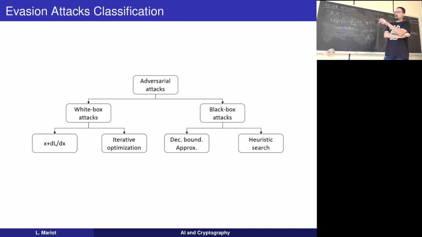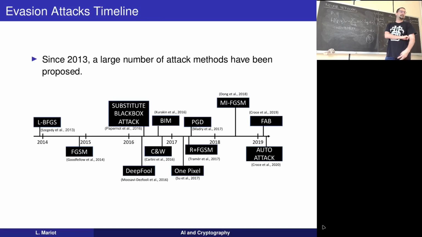So that bottom right item. So here you can see a historical timeline of evasion attacks in the literature. They started in 2013 with a seminal paper by Szegedy and others called Intriguing Properties of Neural Networks, where they used a particular optimization algorithm called LBFGS that is performing line search.